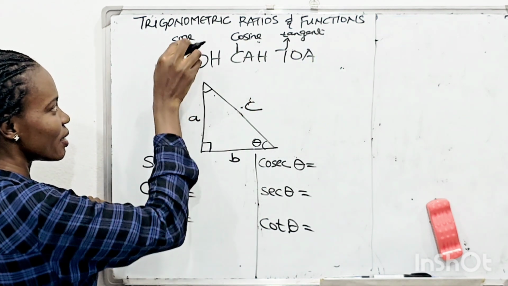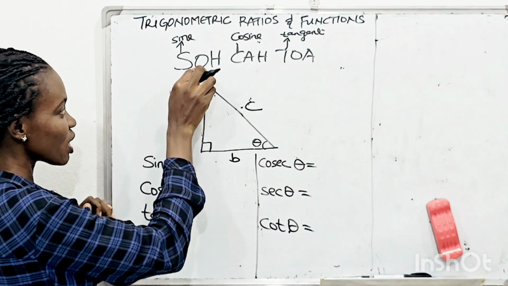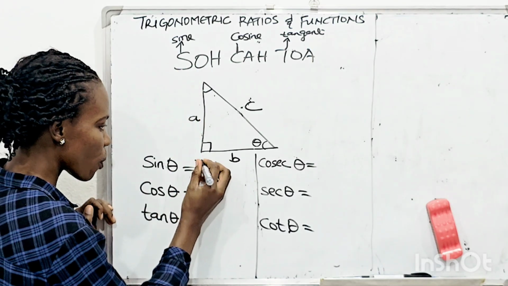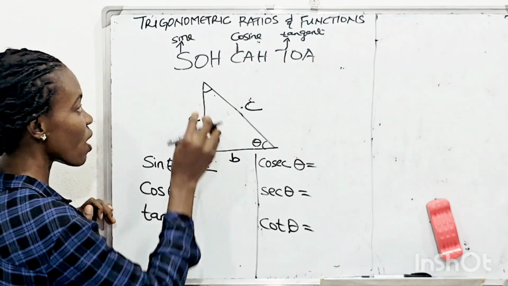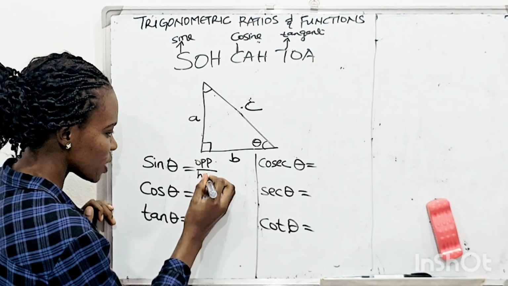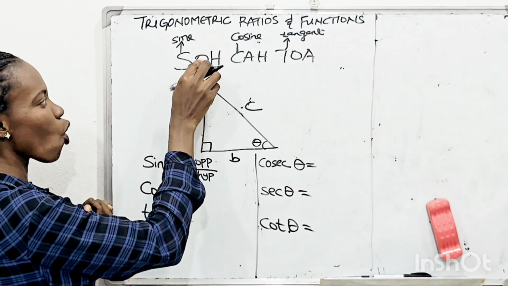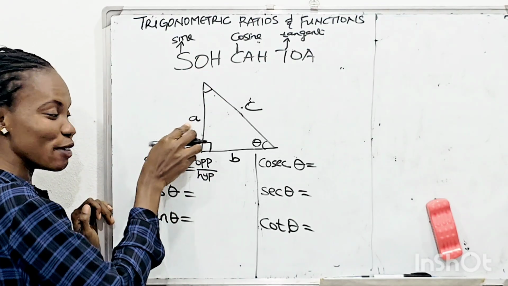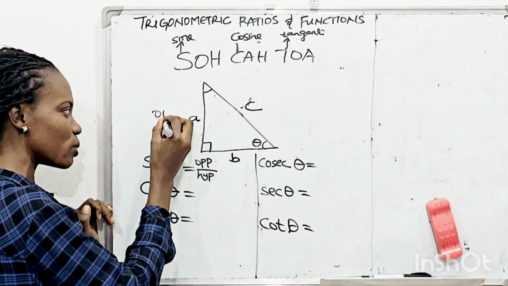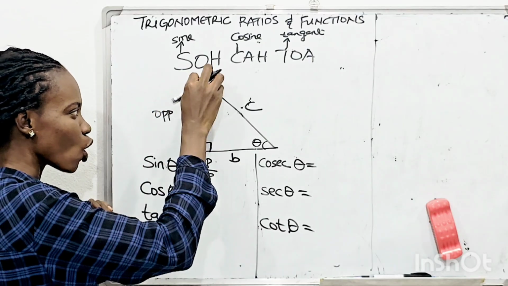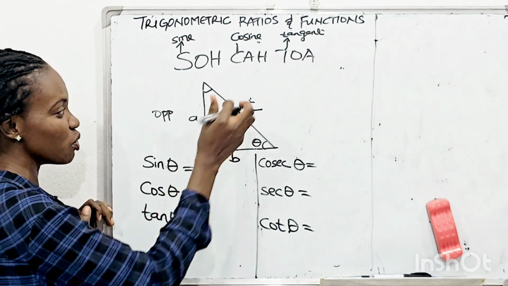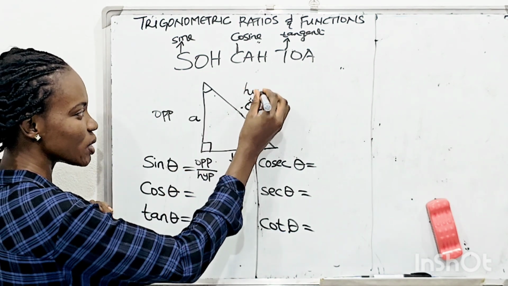Then this sine theta is equal to O. This O means opposite, over H, which stands for hypotenuse. Okay, so opposite simply means the side facing the angle. So this side facing this angle is called the opposite of this angle. The longest side of a right angle triangle is called a hypotenuse. So this is called a hypotenuse.